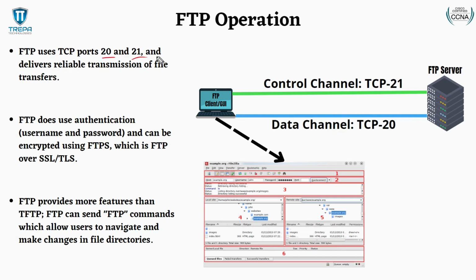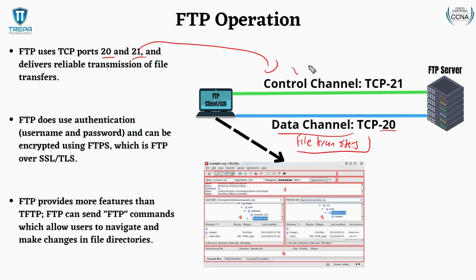It uses 2 port numbers. Port 21 is going to be used for what we call a control channel. This is where the FTP commands are going to be sent. And then for port number 20, this is going to be the data channel, which is actually going to do that file transfers. Kind of like in TFTP, those data blocks, that's going to be what this data channel is.